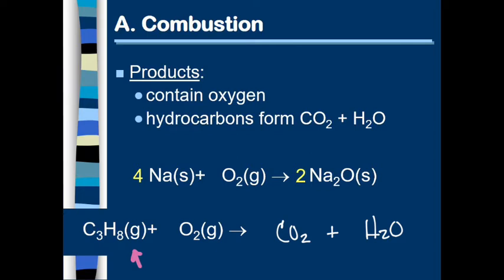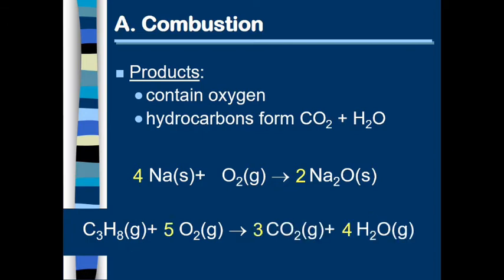You will get plenty of practice balancing reactions, especially combustion reactions, and I'll also teach you a little trick with the combustion reactions as we go through some of these. There is this one, balanced. That's the first type of chemical reaction.